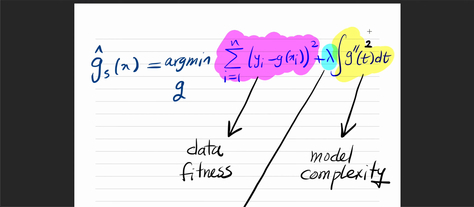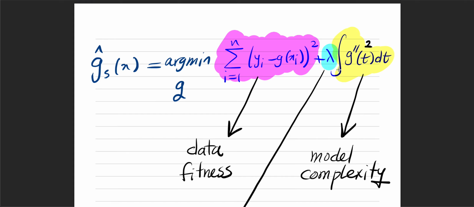This is a measure of the roughness of the function g. And you can think of the integral notation as a summation over the range of t. So simply put, this term here is a measure of the total change in the derivative.